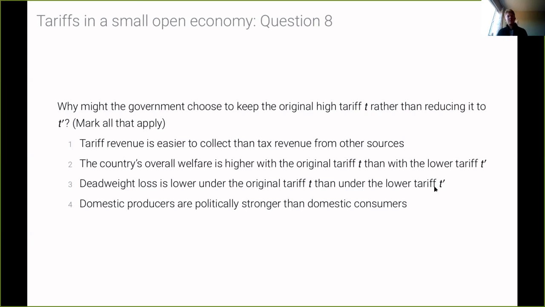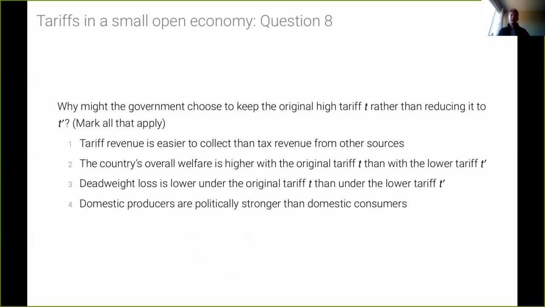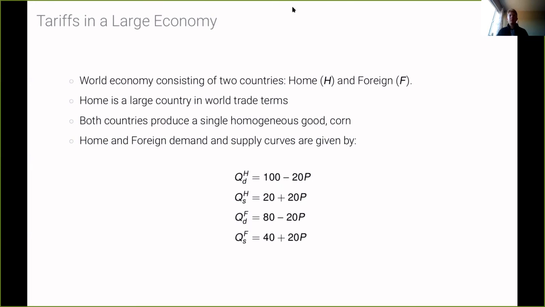But number 4 says that domestic producers are politically stronger than domestic consumers, and that's certainly possible. As we've seen here, when the tariff is reduced, producers tend to lose. If producers are politically stronger, they may lobby against tariff reductions and help induce the government to keep higher tariffs. And so, indeed, the correct answers here are 1 and 4. Okay, and so that was tariffs in small open economies.